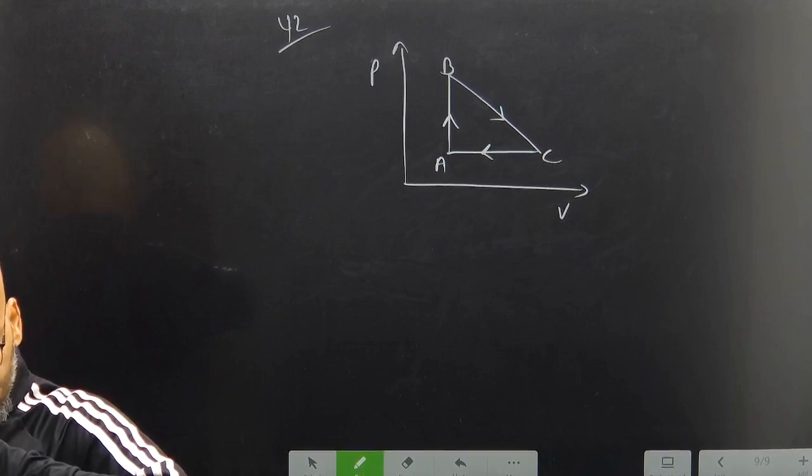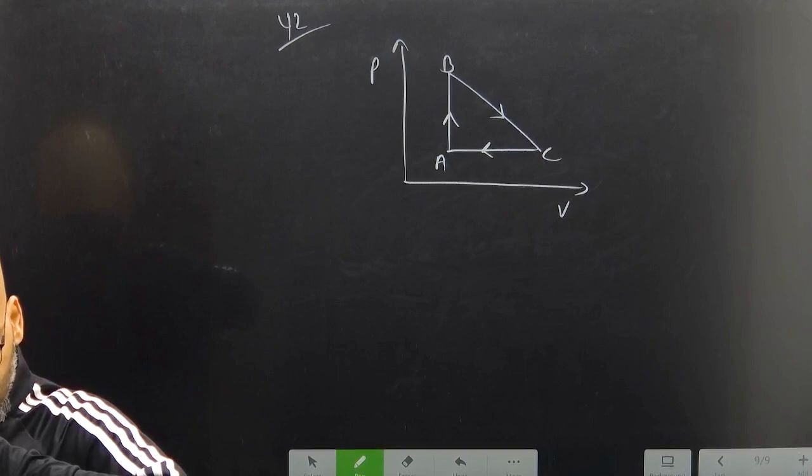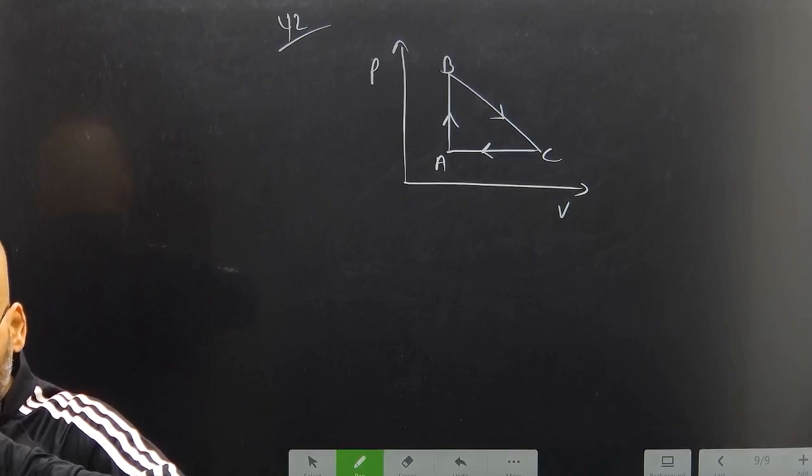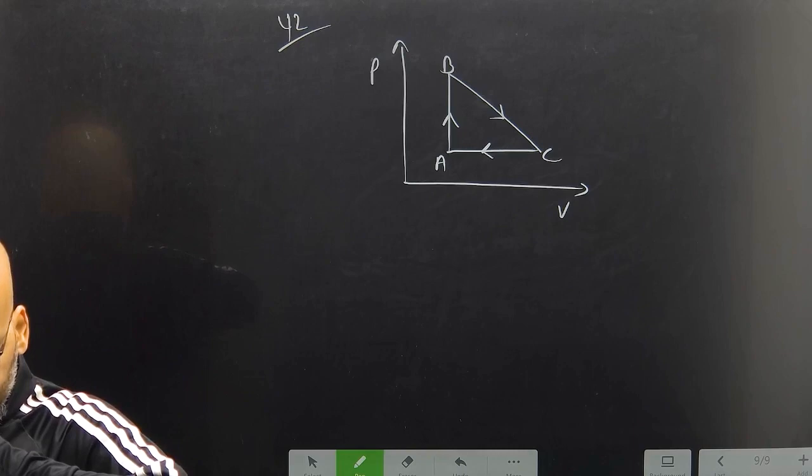We need to find the net heat added to the system during the process CA. If the heat QAB added is 20, no heat is transferred during adiabatic BC, and the work done is 15.